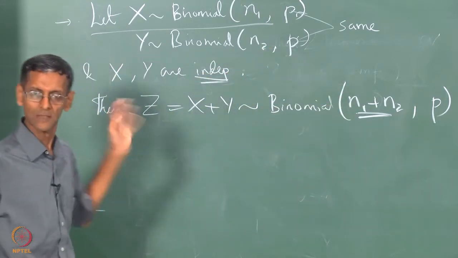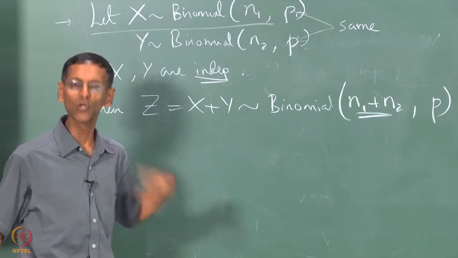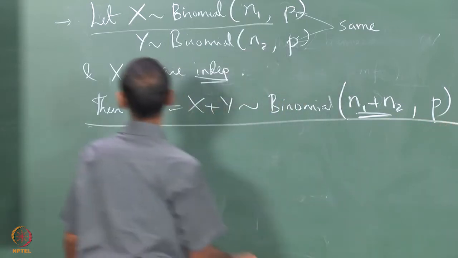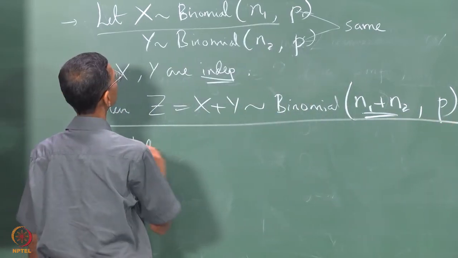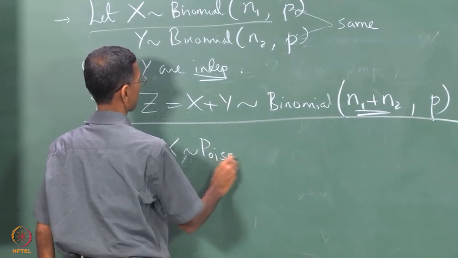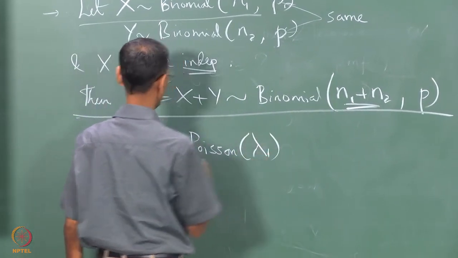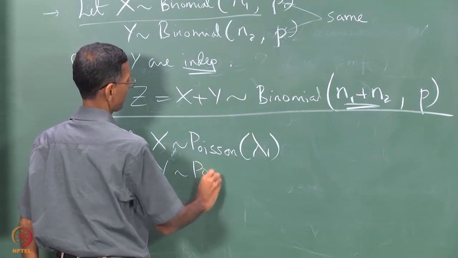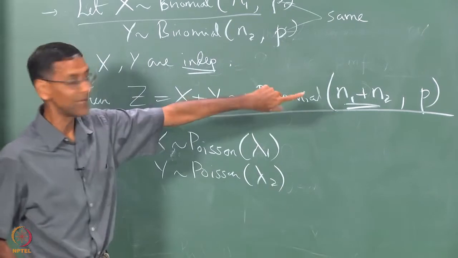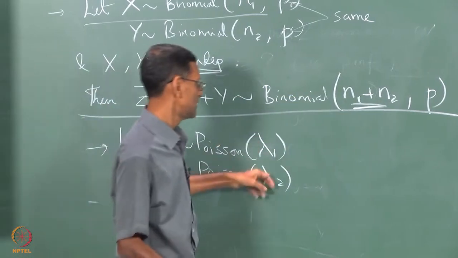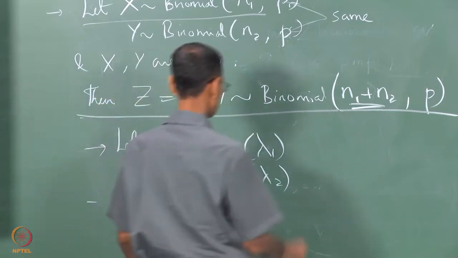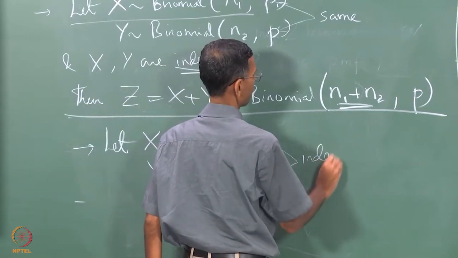Instead we will do the convolution of Poisson. Let's say we take two Poisson random variables, again integer valued, but lambda 1 and lambda 2 can be any two positive real numbers, independent.